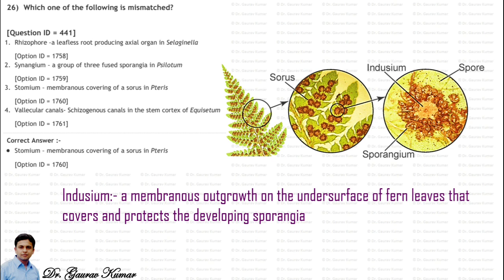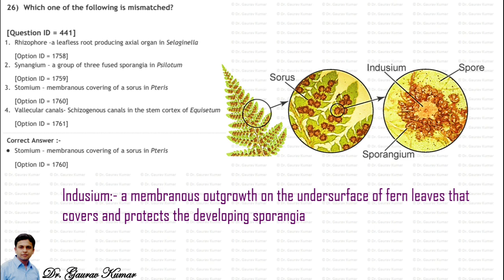It's a membranous outgrowth on the undersurface of the fern leaves that covers and protects, surrounds the developing sporangia. Stomium, obviously you can just see the name, stome means mouth. So it cannot be any covering, it should be something related to opening. So as you saw, the stoma or the stomium, these words are for the mouth.